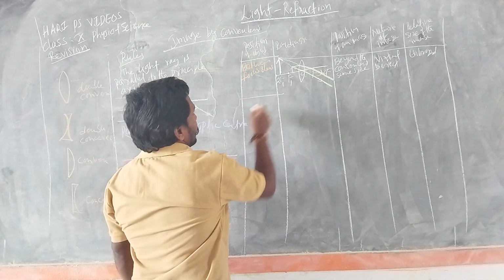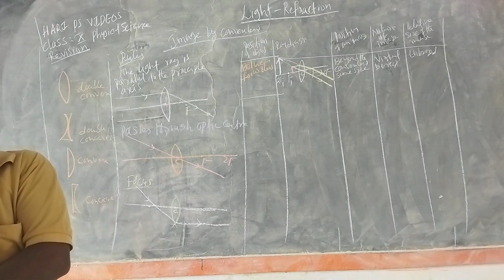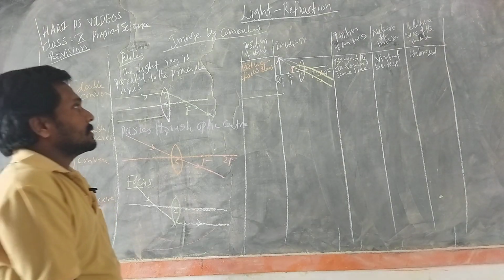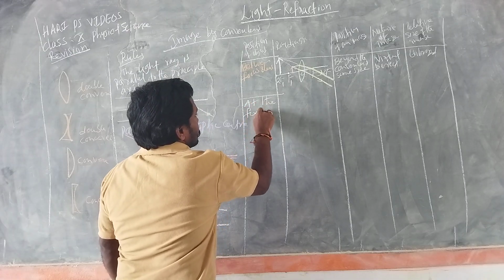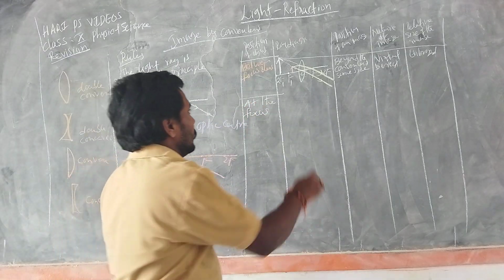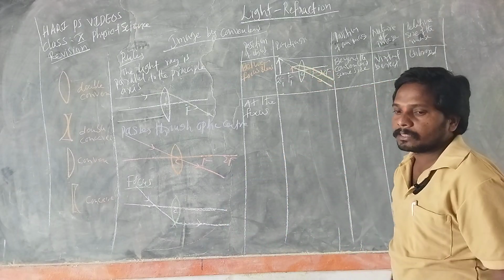Then the second position of an object is at the focus of the convex lens. Let us understand what happens if the object is placed at the focus.